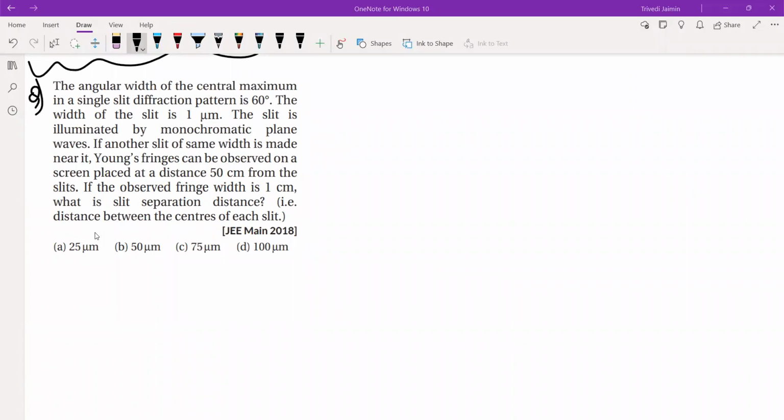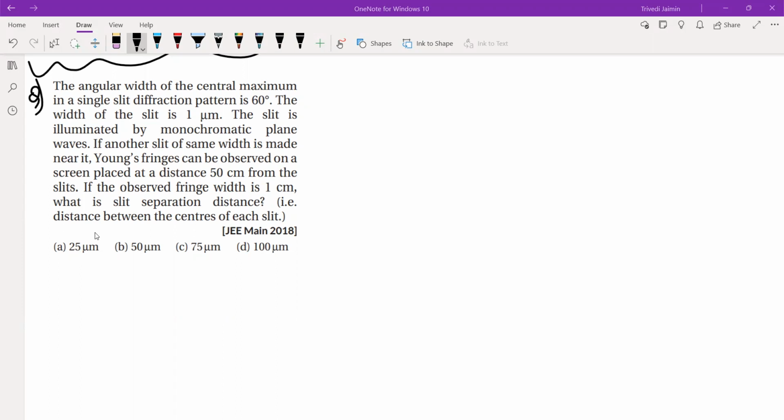What is given here? An angular width of central maximum in a single slit diffraction pattern is 60 degree. The width of the slit is 1 micrometer. The slit is illuminated by monochromatic plane waves.